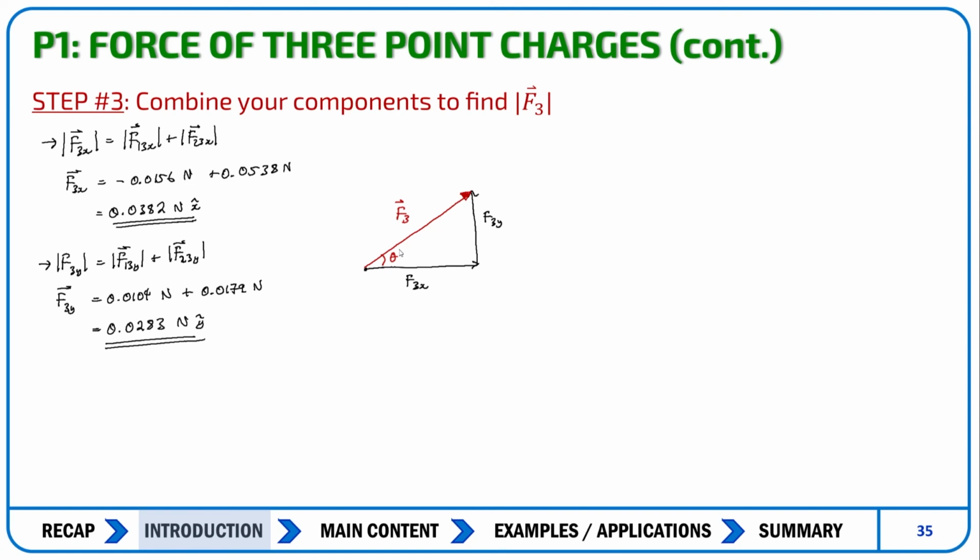So in order to determine this, we know we can use Pythagoras again. F3 is simply going to be the square root of F3x squared plus F3y squared. And that is going to give us 0.0475 newtons.